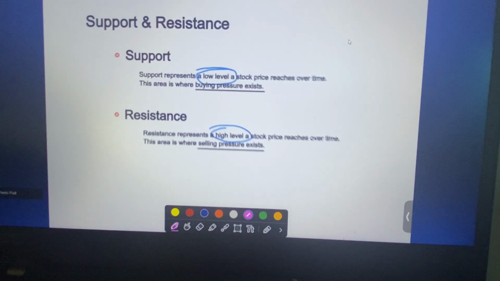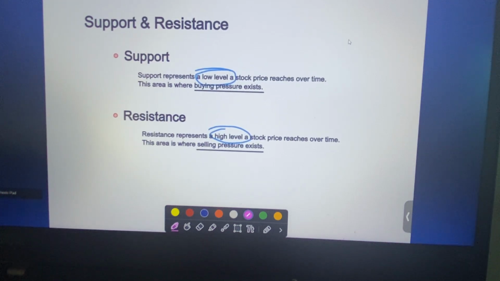What is support and what is resistance? Support represents a low level, a stock price which is over time. Write this down. This area is where buying pressure exists.